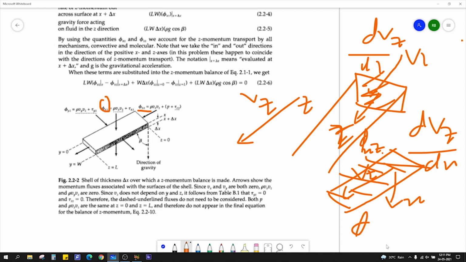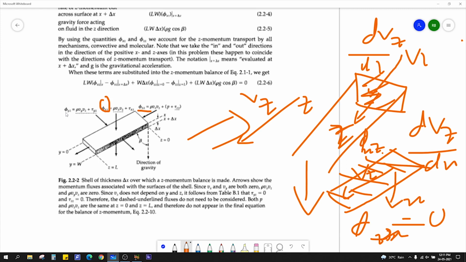Similarly, there will be phi zx, but these values will become zero because there is no flow in the vx direction, since the flow is not happening in this direction. So this will be zero.